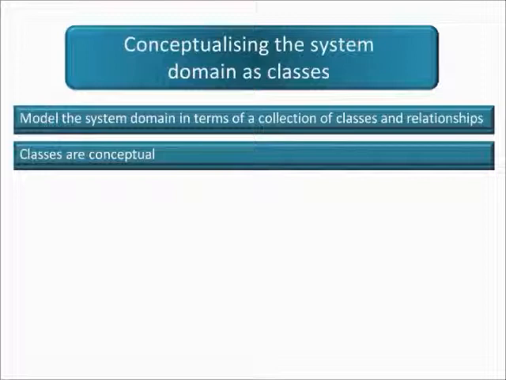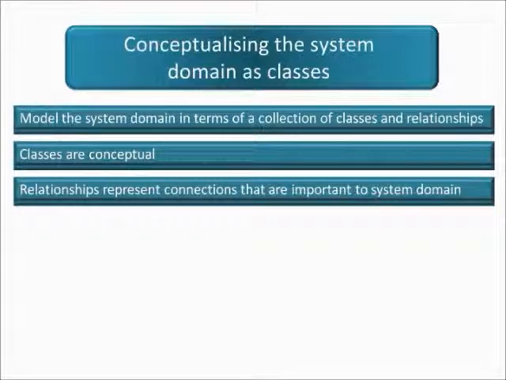They are modeling elements corresponding to real-world entities. The relationships between them represent connections that are important in the system domain. The classes and relationships should all be ones that the client who has commissioned the software can easily relate to.